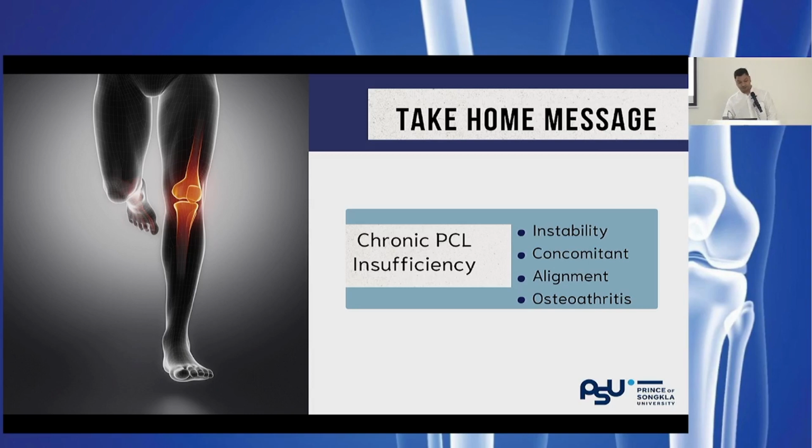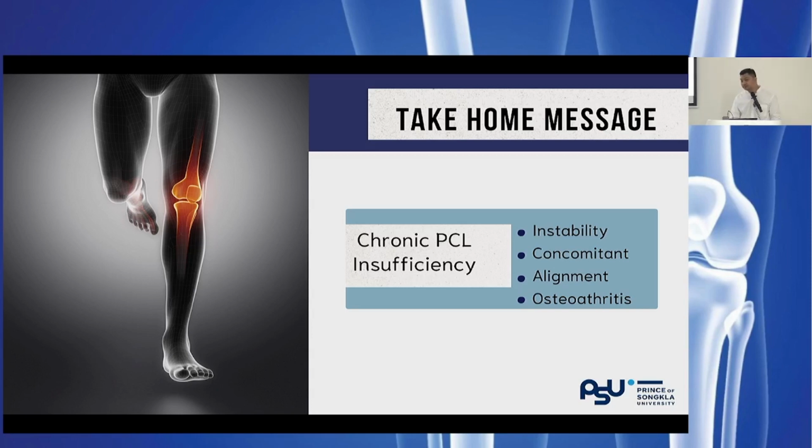You make the decision between conservative treatment and surgical treatment by using the grading of the PCL injury, right? Yes. For grade 1, we do conservative treatment; for grade 3, surgery. How do you make the decision for grade 2?